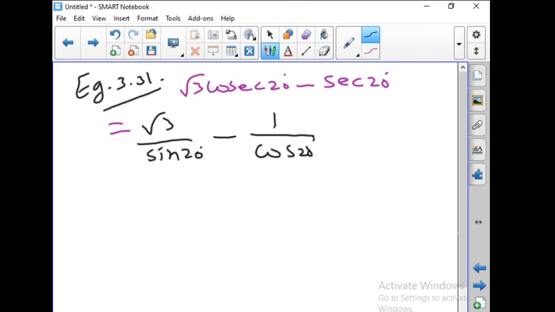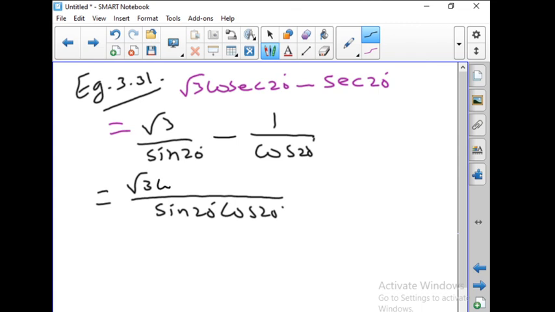So now take LCM. So LCM is sine 20 into cos 20. So here we have root 3 cos 20 minus sine 20. So now what you do, multiply and divide by 4.